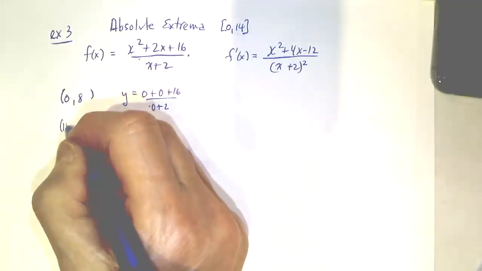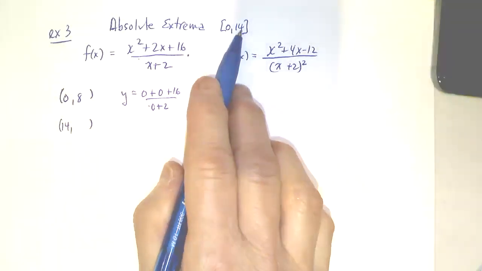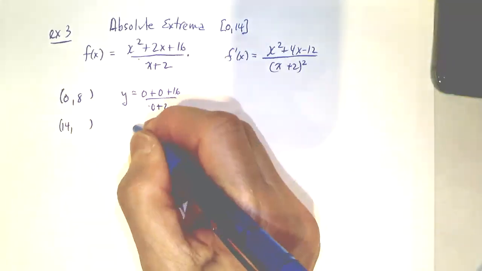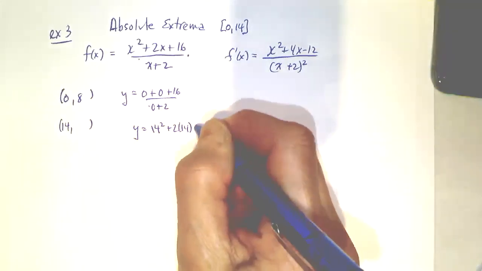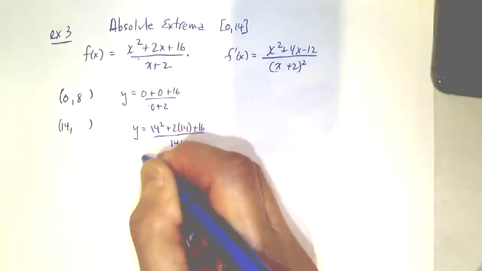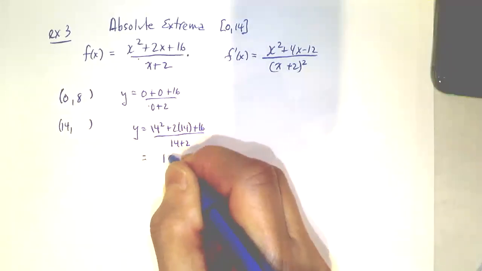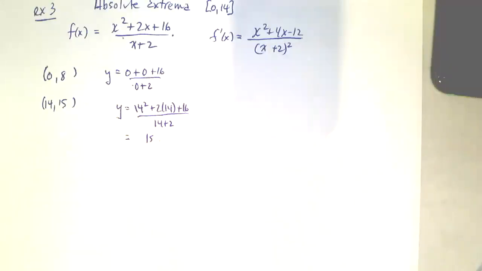I take the other endpoint, and I let x be 14, and I get 14 squared plus 2 times 14 plus 16, divided by 14 plus 2, and that works out to be 15. Trust me, it works. I took it from the book.